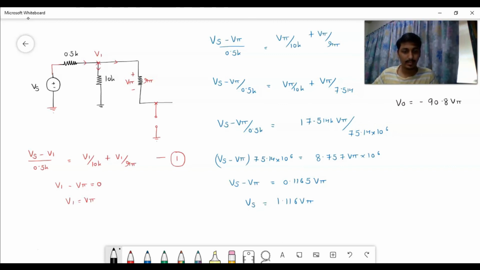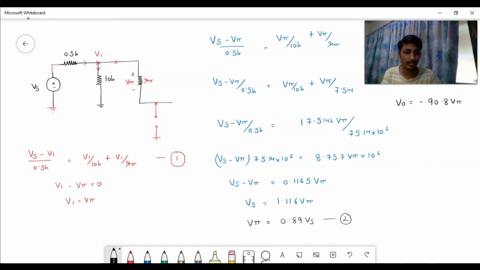V pi we have to get in terms of Vs. So answer equals 1 divided by answer. This is nothing but V pi equals 0.89 Vs.